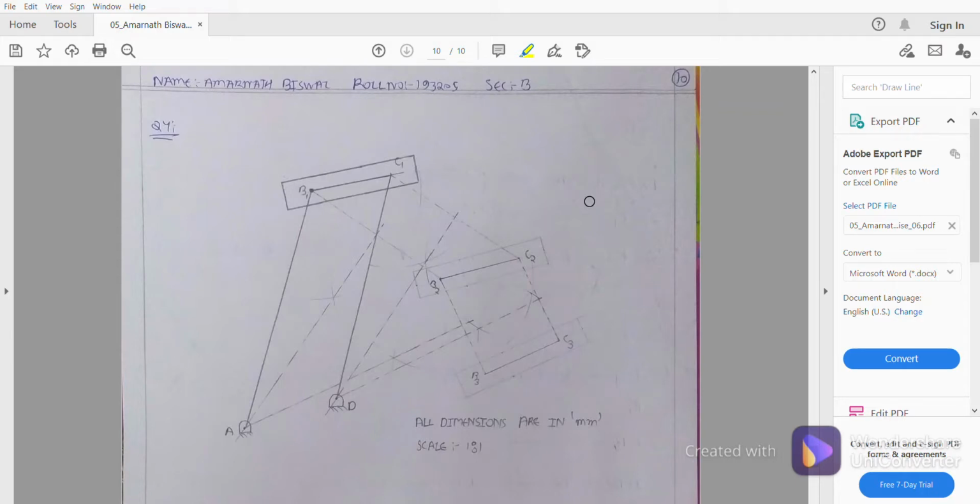So we want the desired function to be done. Or sometimes we want to clean the blackboard not by hand, so we fix a duster in that mechanism and operate it to clean.